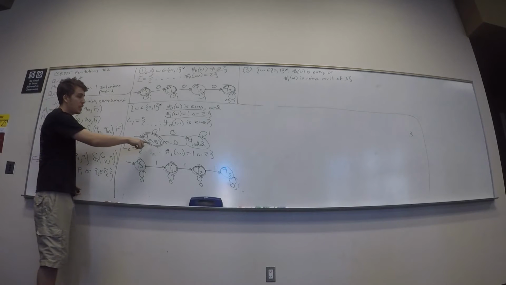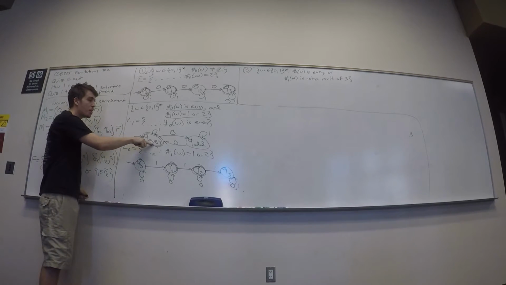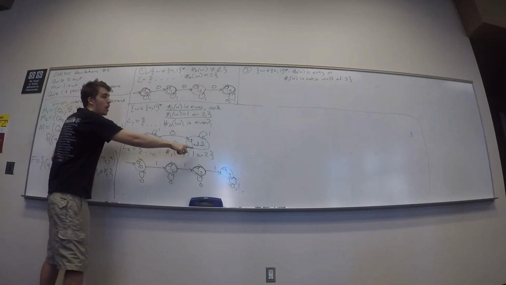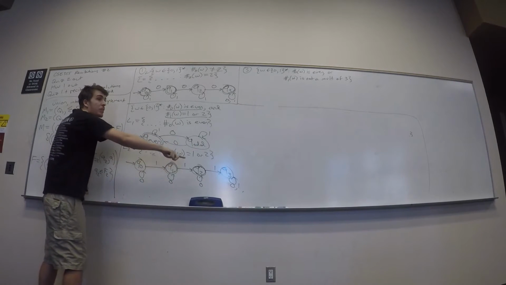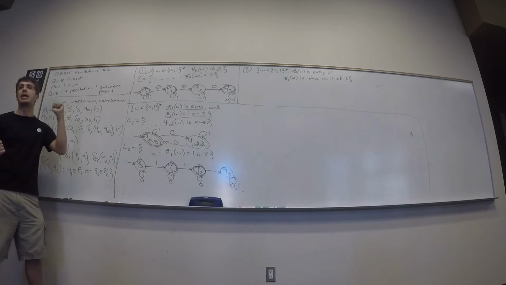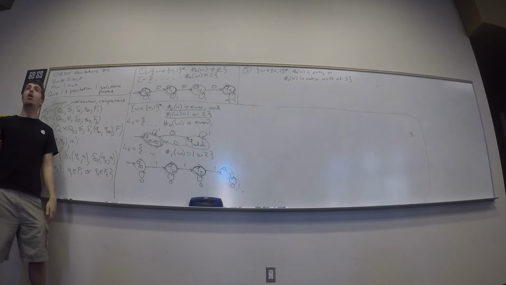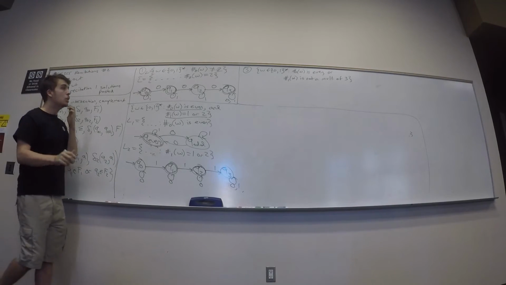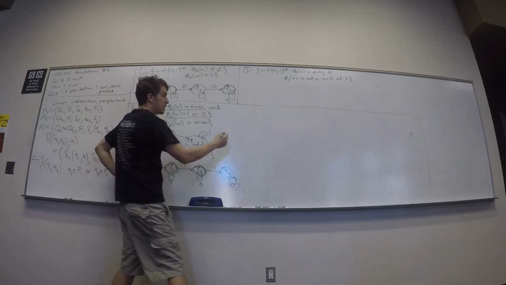Because I want to keep an ordered pair with Q even as the first and all of these as the second, and Q odd as the first and all of these as the second. It represents that I'm in Q even on the first machine and one of the states in the second machine, or Q odd of the first machine and one of the others in the second. So we have to make 8 states.